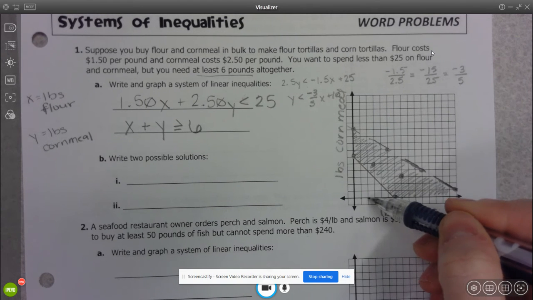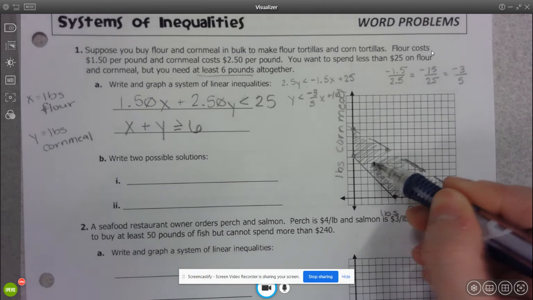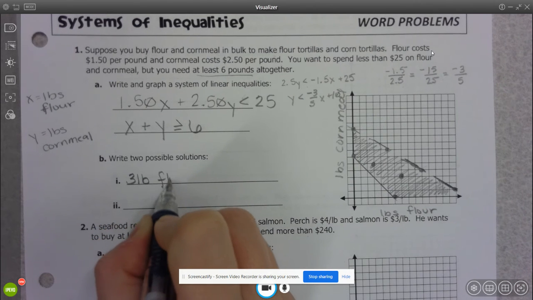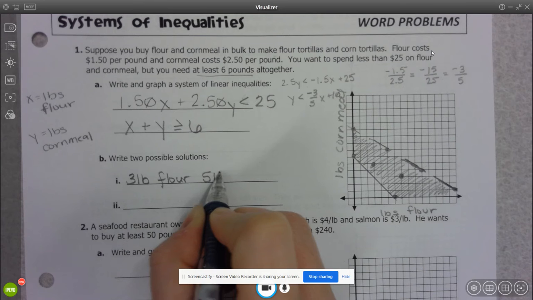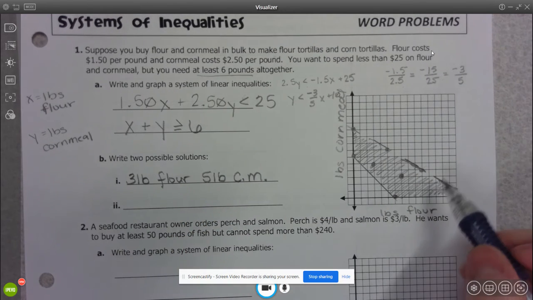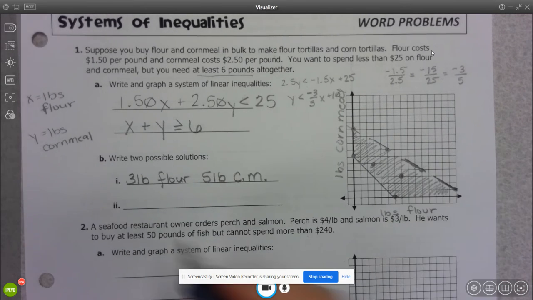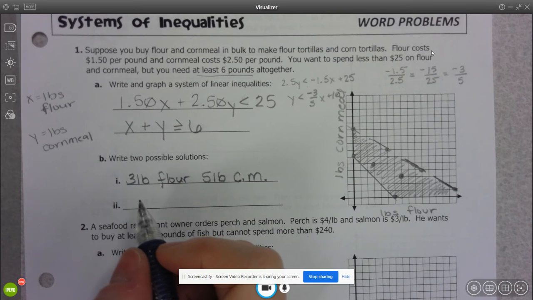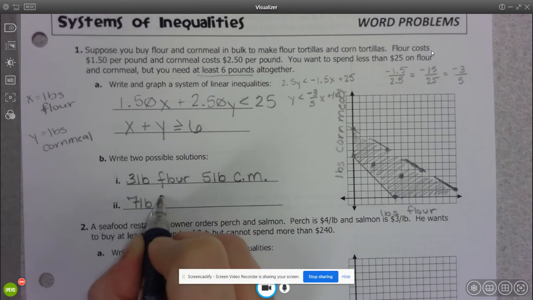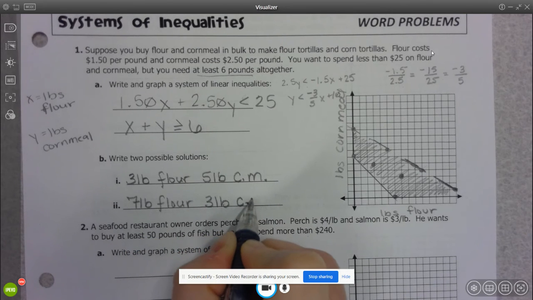So this would be 1, 2, 3 pounds of flour, and 1, 2, 3, 4, 5 pounds of cornmeal. And I'm just going to abbreviate cornmeal as CM. And this would be 6, 7, 1, 2, 3. So this would be 7 pounds of flour, 3 pounds of cornmeal.